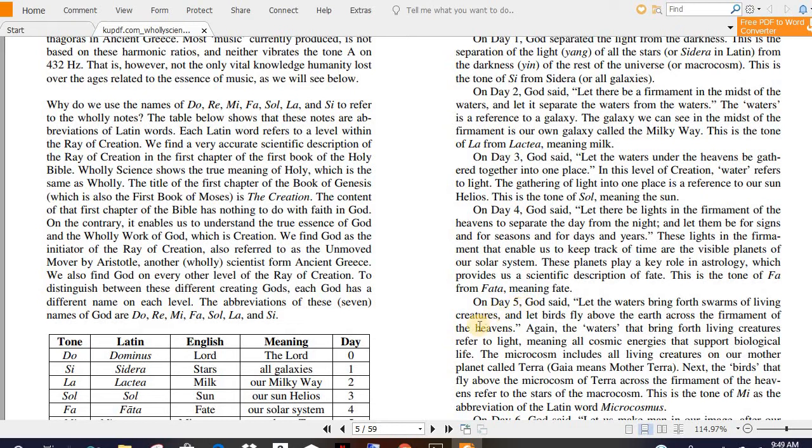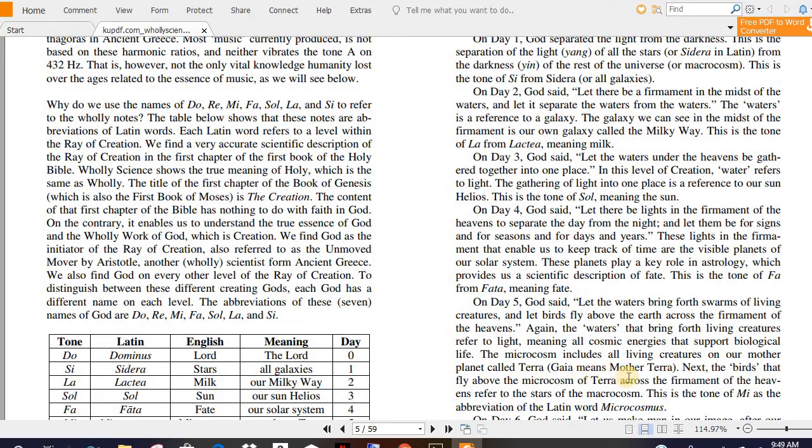On day 5, God said, let the waters bring forth swarms of living creatures, and let birds fly above the earth across the firmament of the heavens. Again, the waters that bring forth living creatures refer to light, meaning all cosmic energies that support biological life.